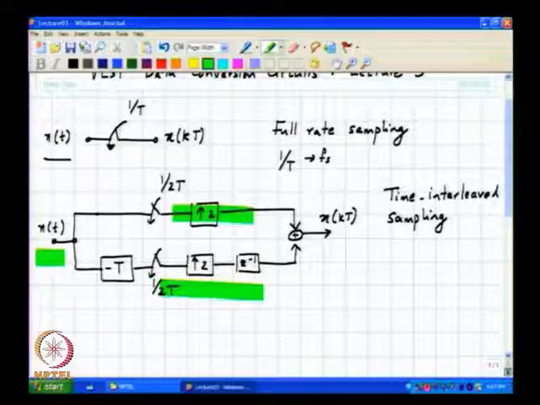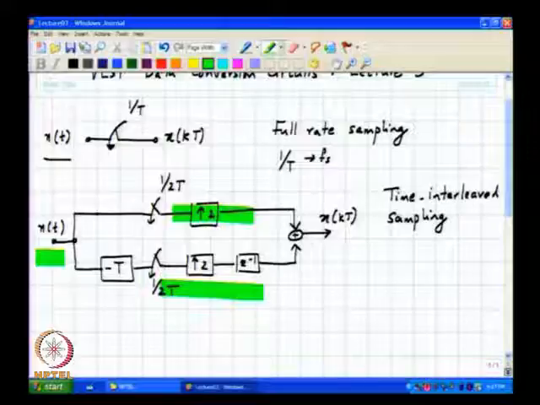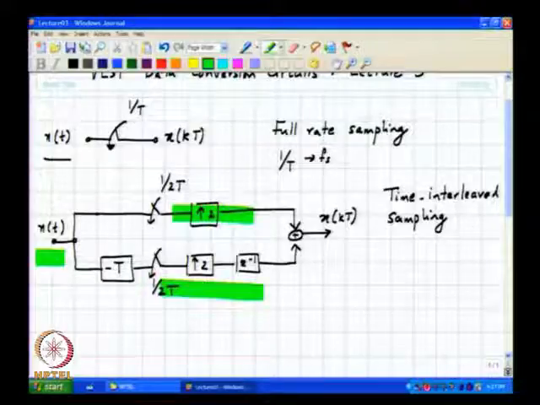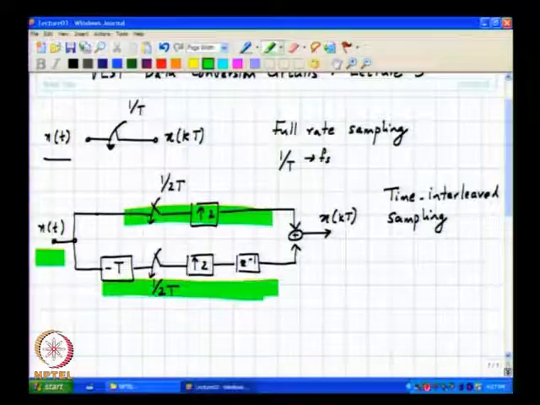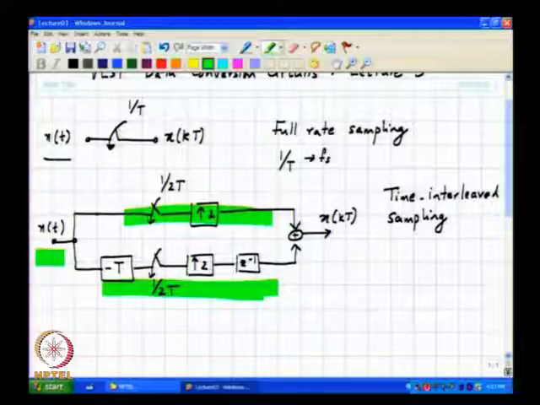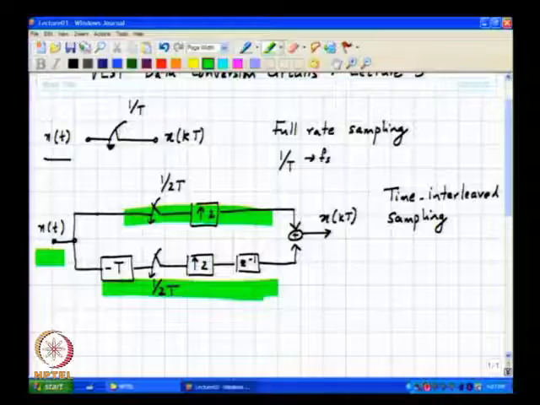So what do you think happens in each of these individual channels? There will be aliasing in each of these individual channels. However, from end to end we saw that the system is equivalent to a sampling system operating at Fs. So if there is aliasing happening here and aliasing happening in the lower channel, but when you add the two it is equivalent to something where there is no aliasing, what must be happening?